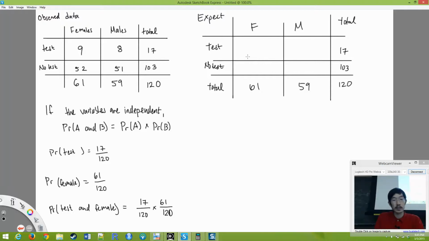This would be the probability of ending up in this cell if they were independent. Is that good? Okay. So that's the probability of ending up in that cell. If I have a total of 120 people, how many people would I expect to end up in that cell? I would expect n times p, right? N times that probability. So the expected count would be 120 times whatever this probability is, the probability of being test and female.